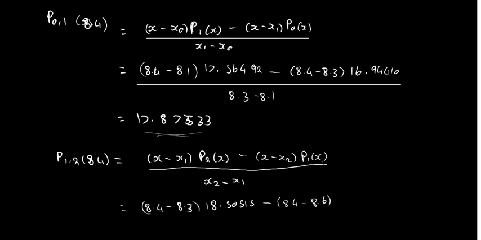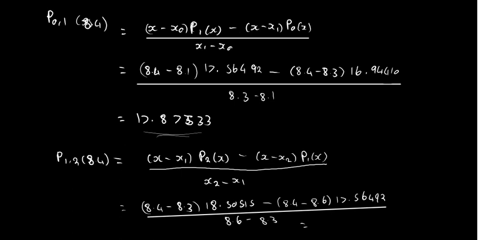Then this is 17.56492 over 8.6 minus 8.3. Then we're going to punch this on our calculator. This is going to be 0.1.